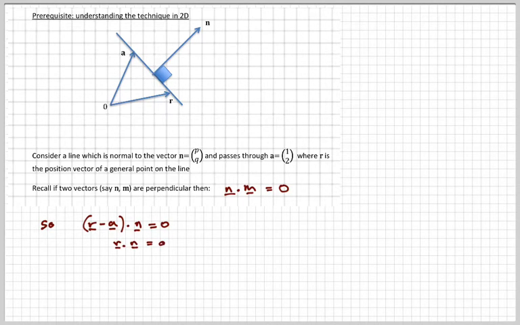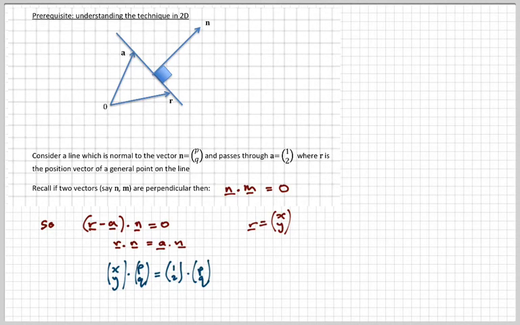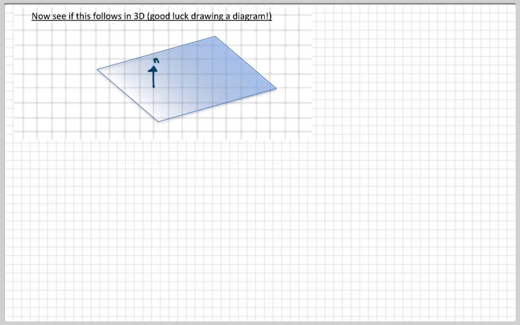So that means if we expand, r dot n is equal to a dot n. Okay? R is equal to x, y, sorry, because it's 2D. So if we look at what this means for this specific case, we have x, y dotted with pq, because pq is the normal, equals 1, 2 dotted with pq. So when we do the dot products, we get xp plus qy equals p plus 2q. And then we go back.